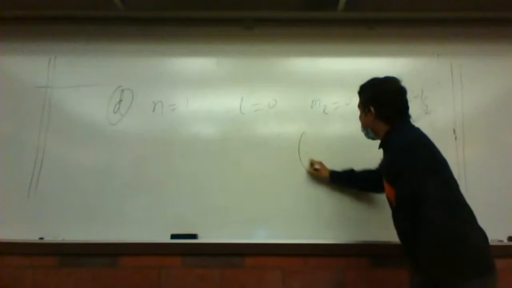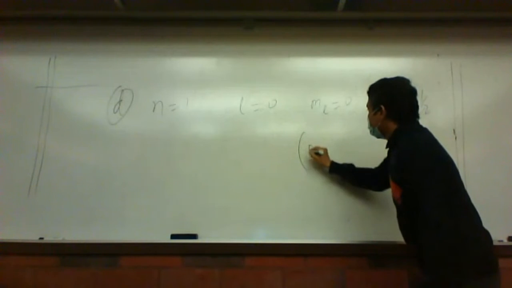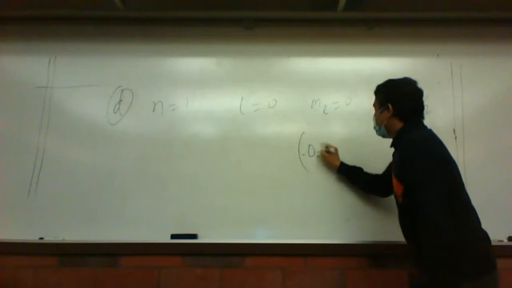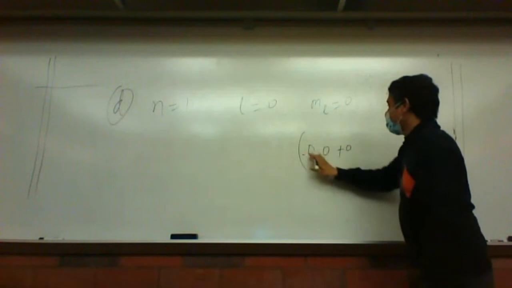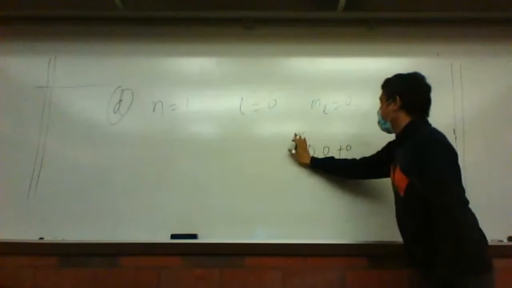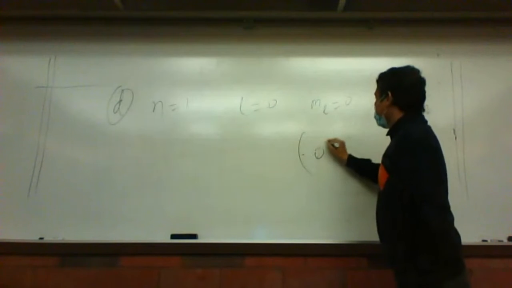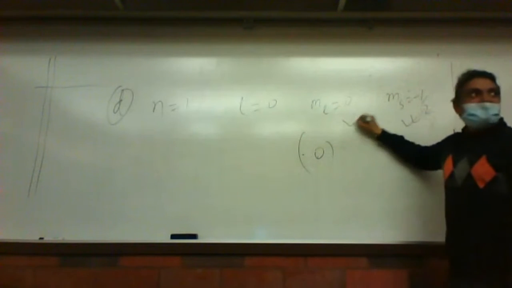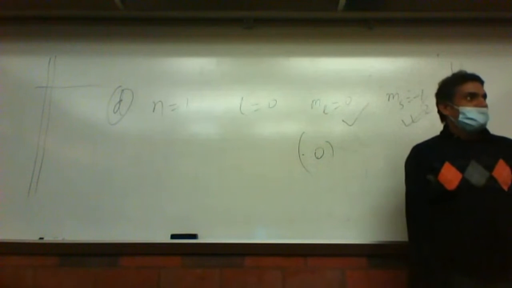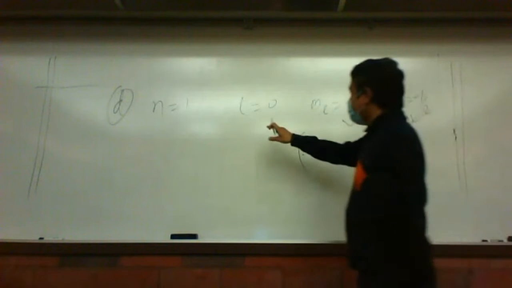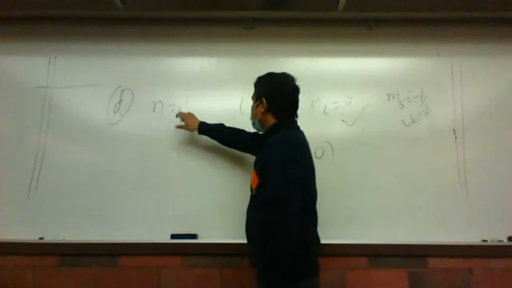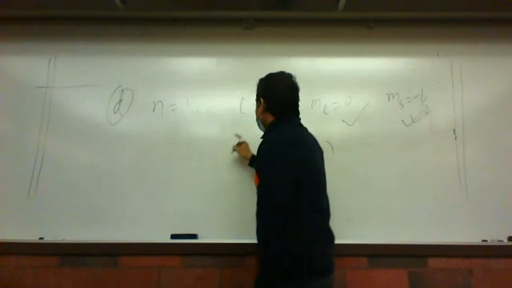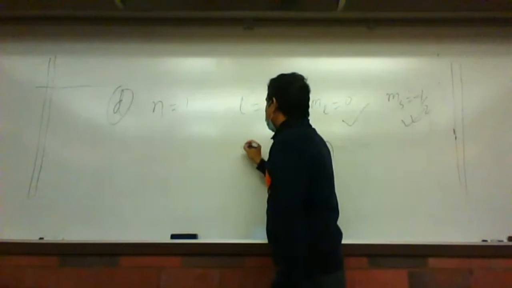If it is 0, ml values can be minus 0, 0, plus 0, which is the same thing. So we just write the 0. Is it good? ml equal to 0. This is good, right? Make sense? Now let's go here. L equals to 0 here. So this number is coming from here. So if n is equals to 1, L value starts from 0 always.